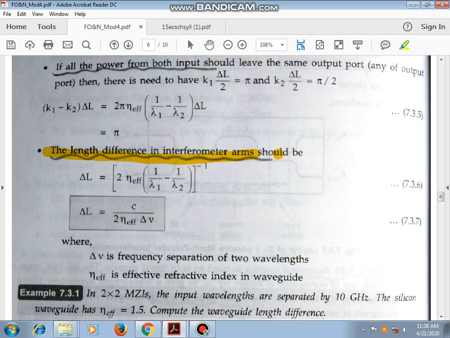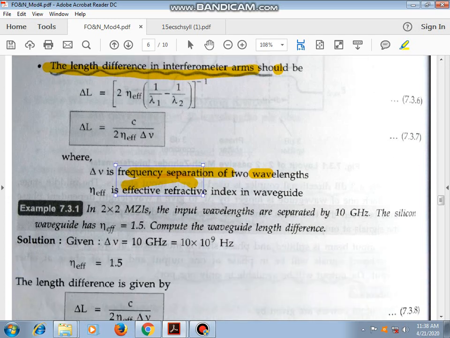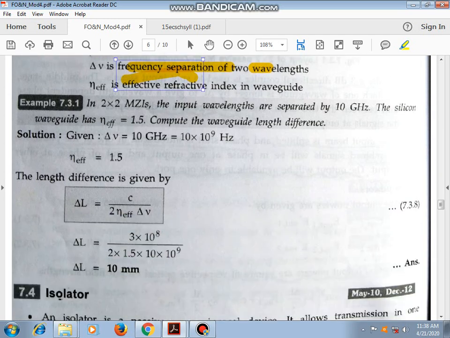Delta L equals C divided by 2 eta effective delta v, where delta v is the frequency separation of the two wavelengths and eta effective is the effective refractive index in the waveguide. Using these two formulas you can solve the problem and calculate how much delta L you can introduce in this directional coupler.